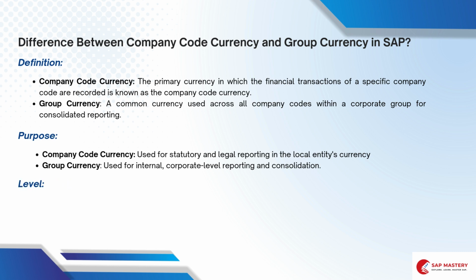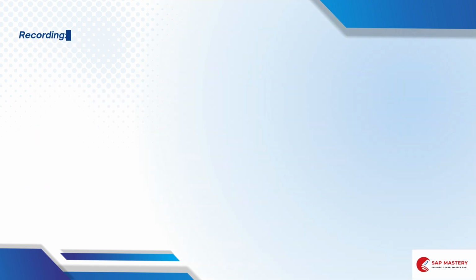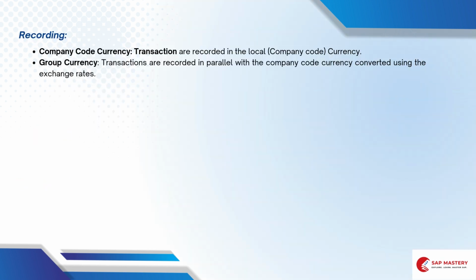Level. Company code currency: defined at the company code level. Group currency: defined at the client level, applies to all company codes in the client. Recording. Company code currency: transactions are recorded in the local company code currency. Group currency: transactions are recorded in parallel with the company code currency, converted using the exchange rates.